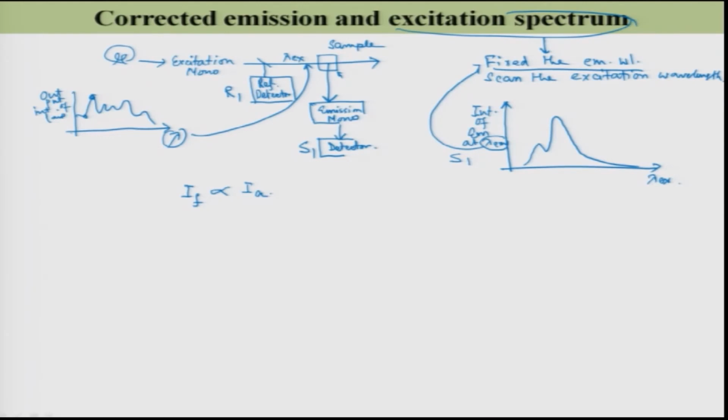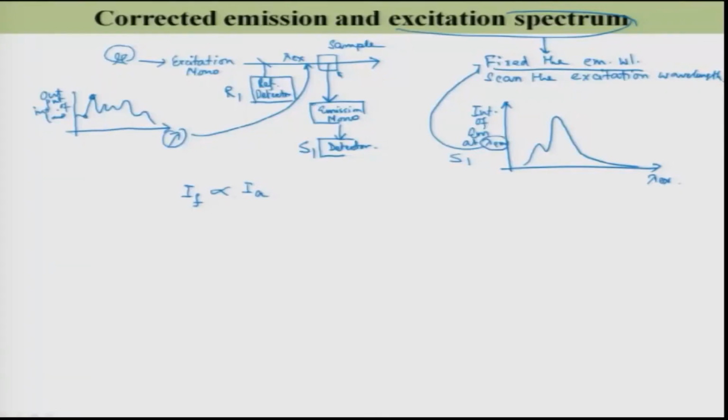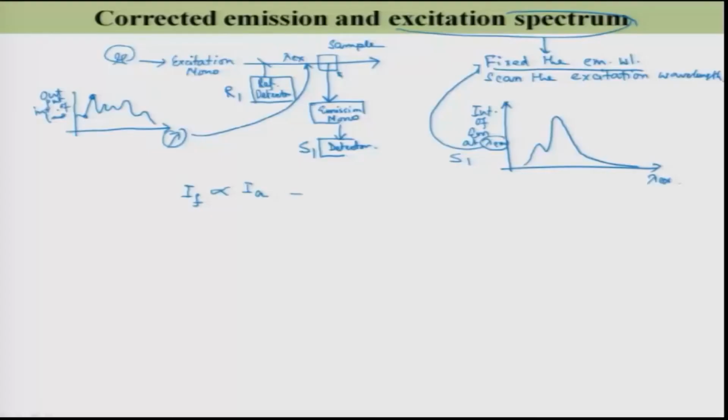That is the quantum yield: the rate of radiative transition over the rate of absorption. If the quantum yield is 1, it is directly proportional, meaning whatever molecules you have excited, everything comes back to the ground state by emission of radiation. If it is not, then some other factor will come. So, simply, IF is equal to phi f into IA.